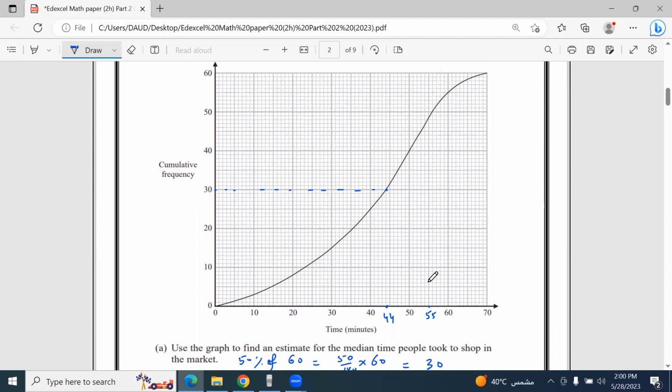From there you go up to where it touches the curve. This is the point, and it is behind 50. Remember that along the y-axis we have the same scale, one small box equals 1. So it represents 59. They said longer than 55, so it means 60 minus 59.